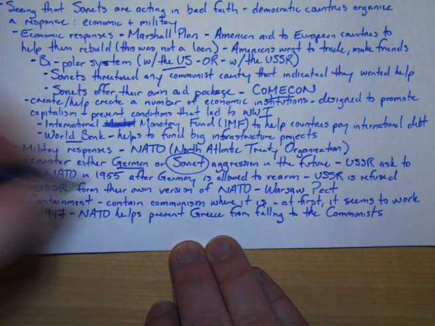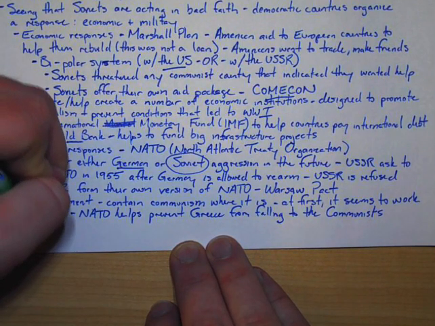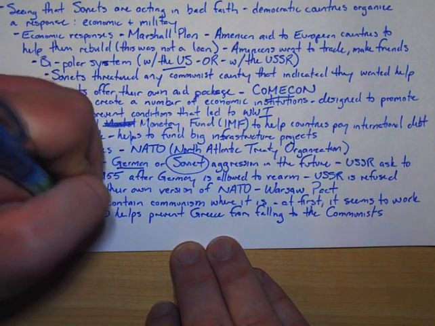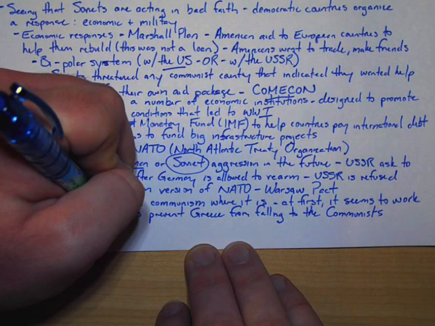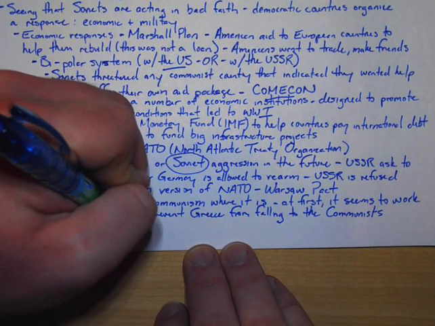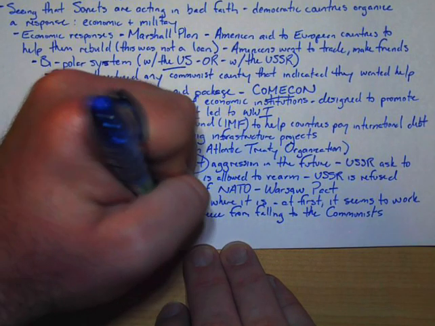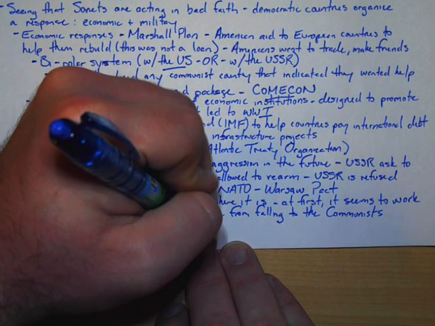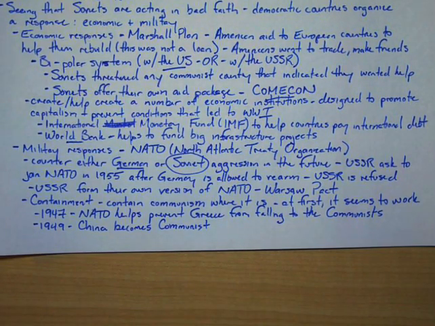But the big containment failure happens in 1949 when China becomes communist. And we'll deal with the repercussions of that in a future video.